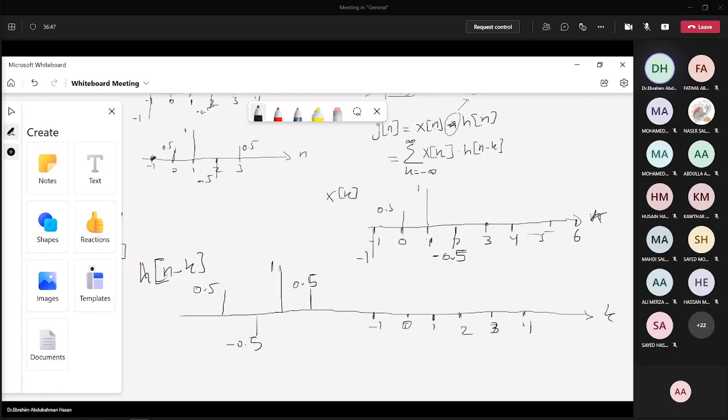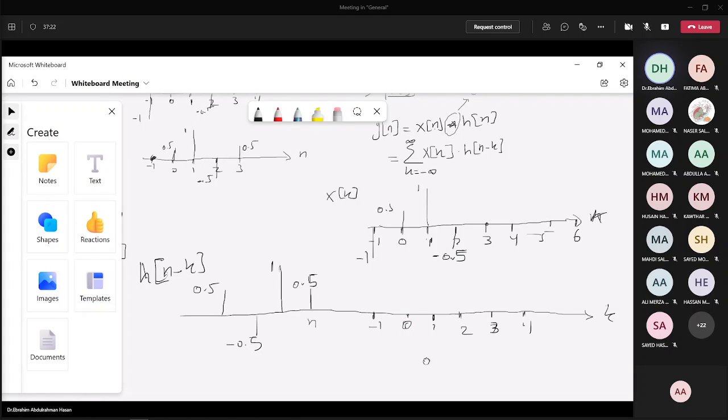I started from 0, but if we shift it by n, then this will be n plus 0, this is n minus 1, n minus 2, n minus 3, and so on. The important one is the first one, n, our starting point. So we flip it and shift it to n, any value n.